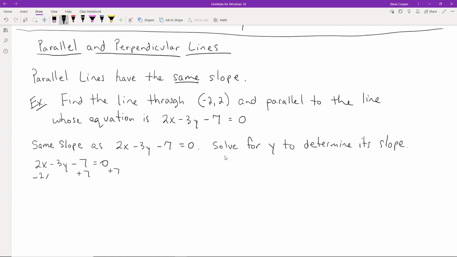So I'm going to subtract the 2x, add the 7. So I get negative 3y is equal to negative 2x plus 7.